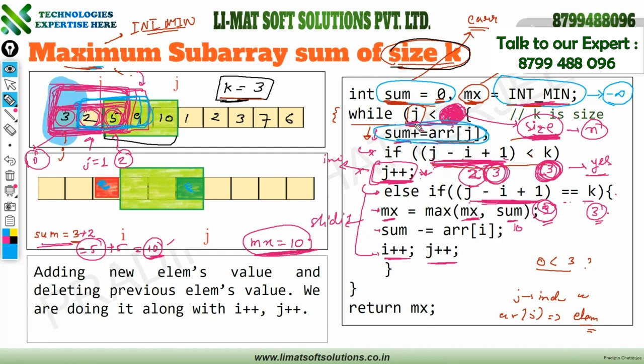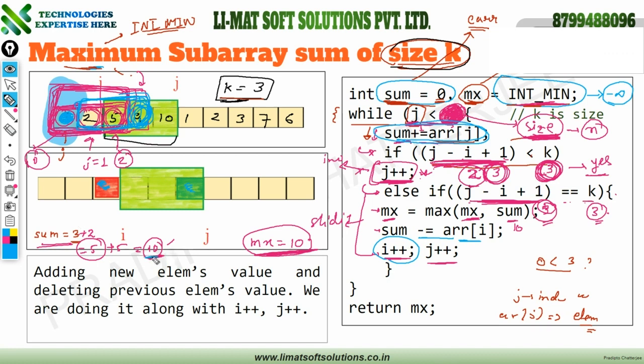Whenever I enter this while loop, I will be incrementing j, but I should decrement this value right here. So that's why I am removing the value of i before incrementing it. So I am removing the value 3 from this sum.